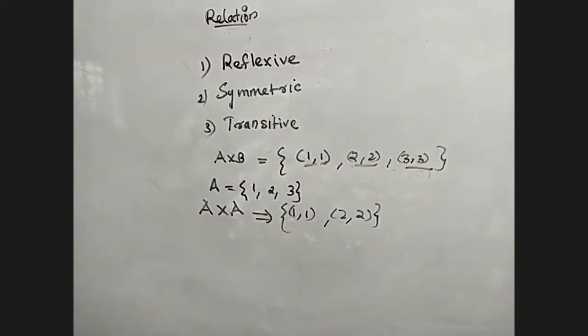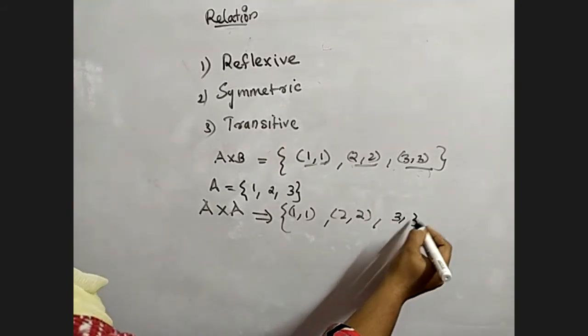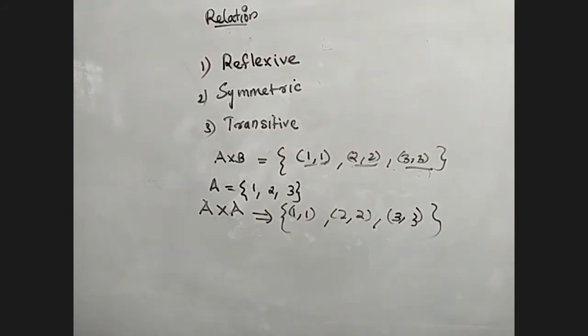Yes, ma'am? See, whether 3 has (3, 3). No, ma'am. So it is not reflexive. For every element, this condition should be satisfied. Then only it will become reflexive. So here it is not reflexive. If there was (3, 3) also, then it is reflexive. Understood?